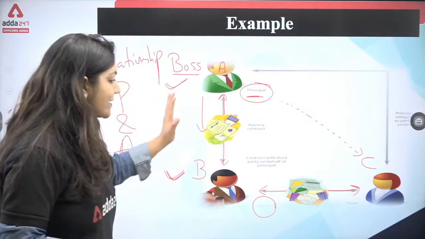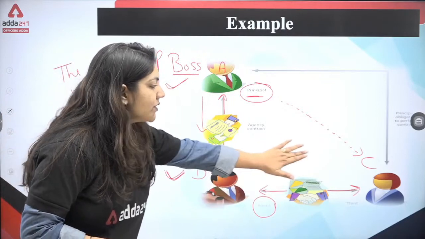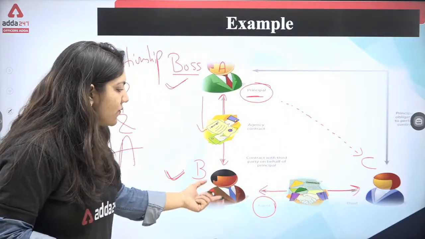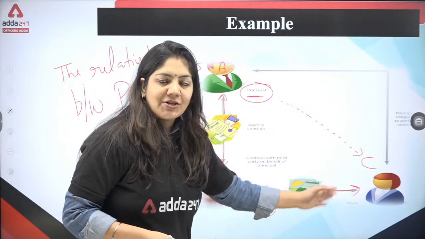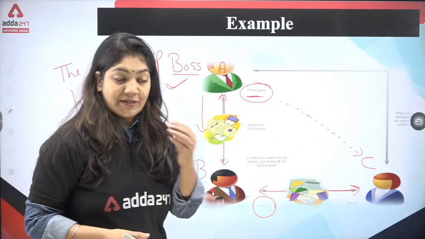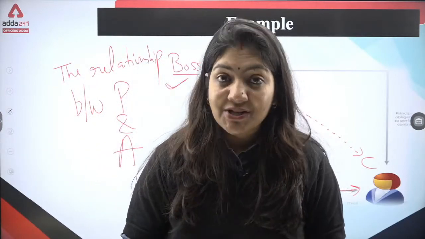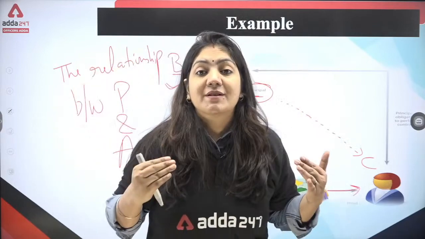Okay, so in this example you can easily see that this is the agent who is working on behalf of the principal. So whatever contract is made by the agent with the third party, it will be assumed that this contract is made by the principal. Suppose any wrongful act is done by the agent during the course of business.